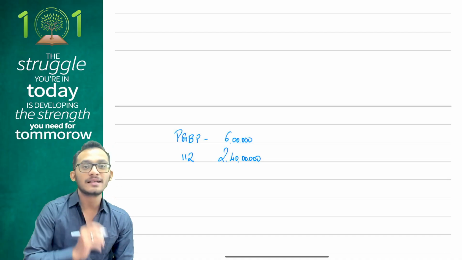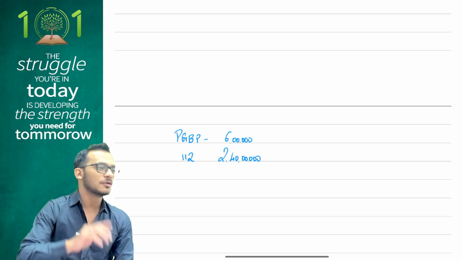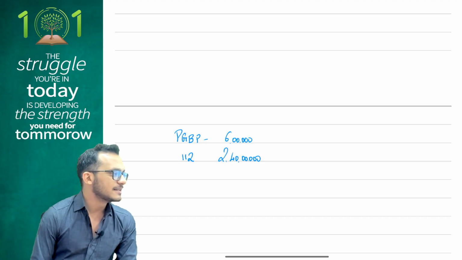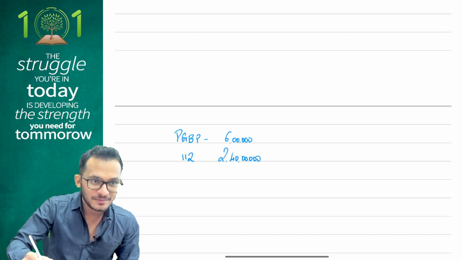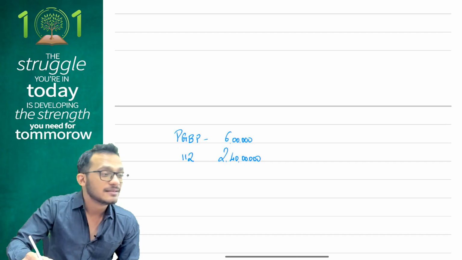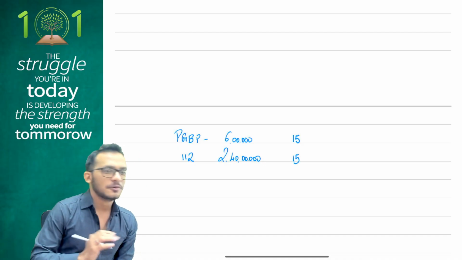Total income is 2 crore 46. The moment the income became more than 2 crores, you will say split and check. PGBP gets surcharge. Surcharge gets 15. Here also 15. This is what you will do.